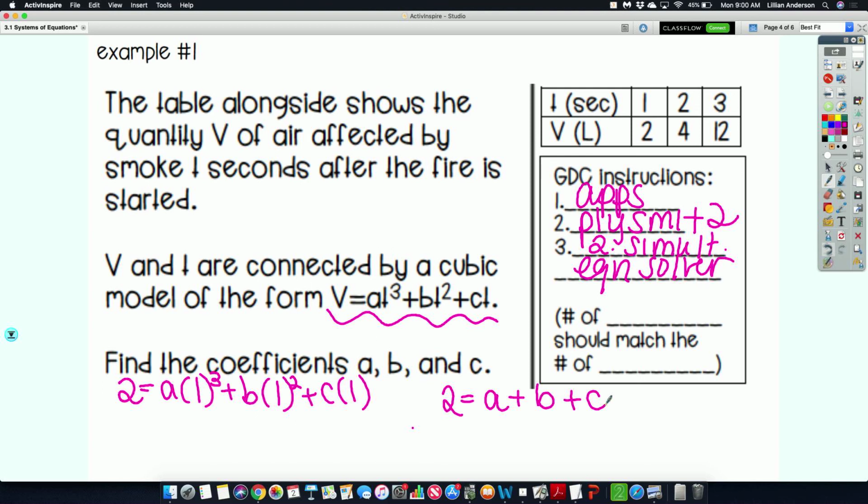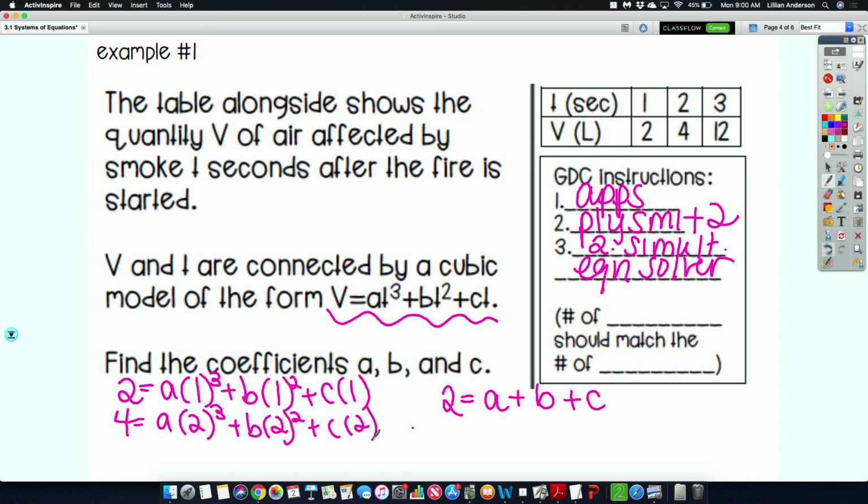I repeat that same process for the other 2 pieces of data. If I was given 4 or 5 or 6 pieces of data, you want to create that many equations based off the number of data points you are given. Does that make sense? So my next one would be 4 equals A times 2 cubed plus B times 2 squared plus C times 2.